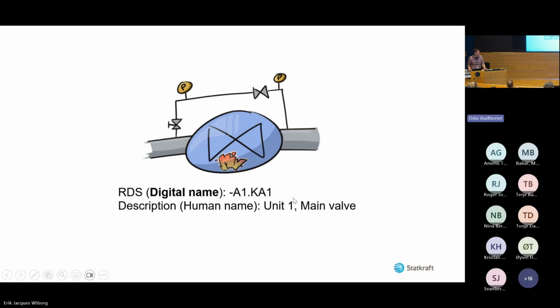Now, this could, of course, be a part of the tag of your digital system. It should be, so that you can maneuver to it, but you're not supposed to require your colleagues to know the tags.